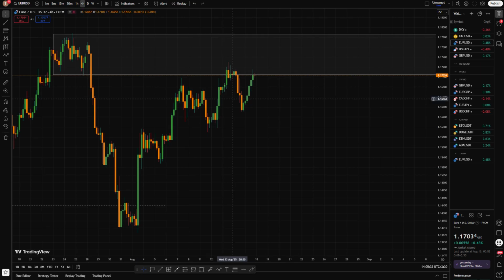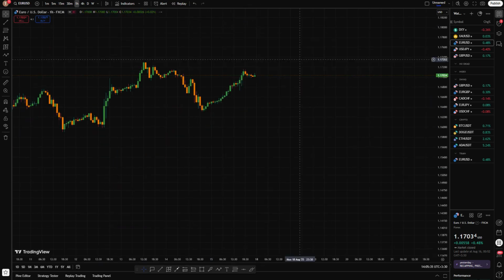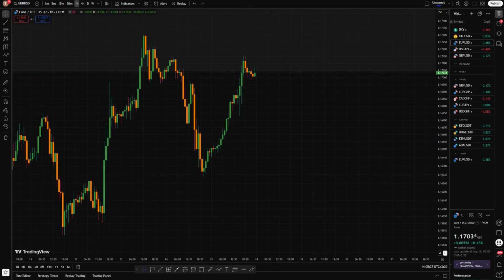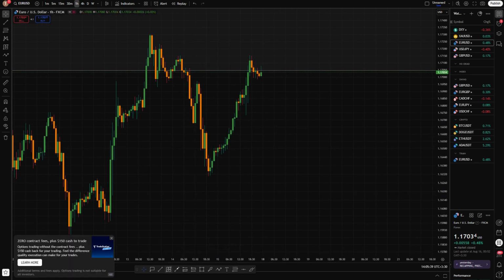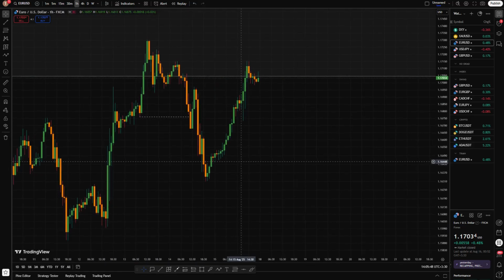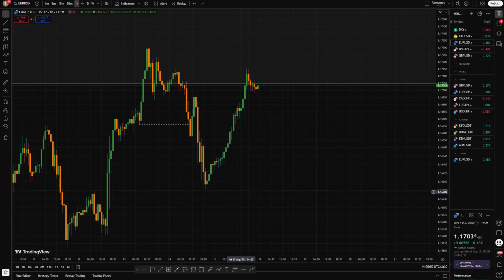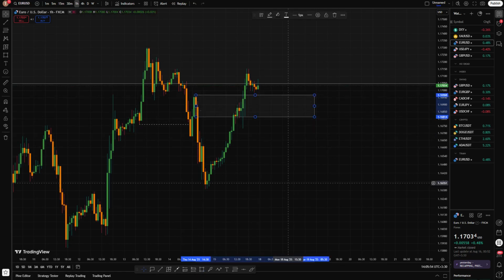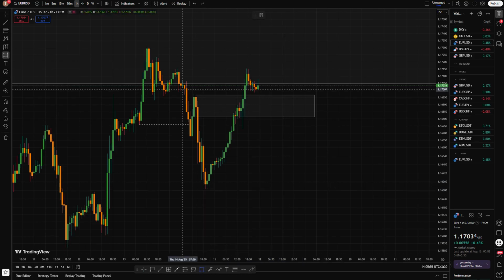As you can see, we don't have the shock in 1H or 4H, so we are going to the 1H. This is the last high, this is the last low of our uptrend, so we are looking to buy, like this area, this order block, and this order block here again, and above it.